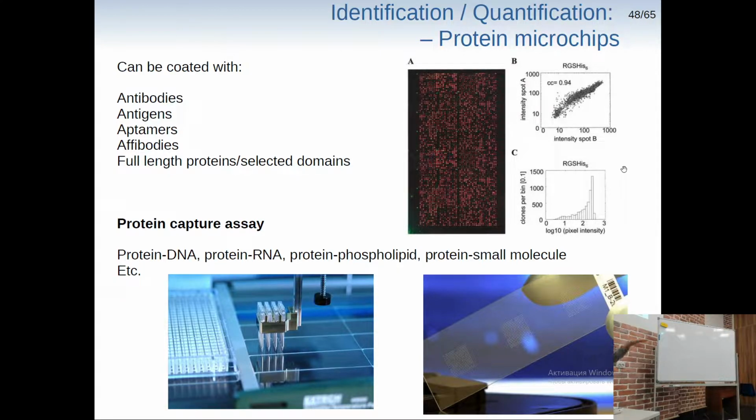You can activate the glass surface with some chemical agents, and then those chemical agents will covalently bind either nucleic acid, if you are interested in, let's say, sequencing, Illumina sequencing is one of the examples, or you can modify the same surface so that it can bind proteins, through some NH2 groups, some other groups. So the proteins of interest will be covalently bound to your surface, be it glass or any other surface. And then you can analyze those proteins.